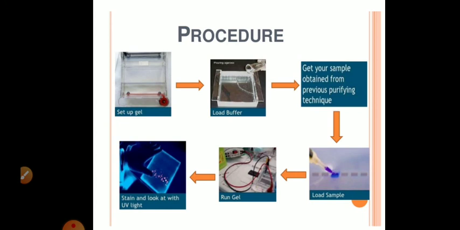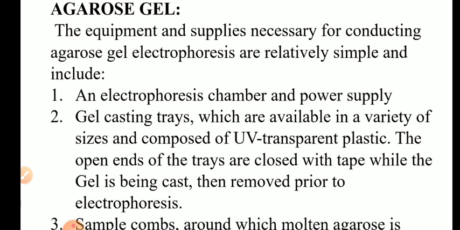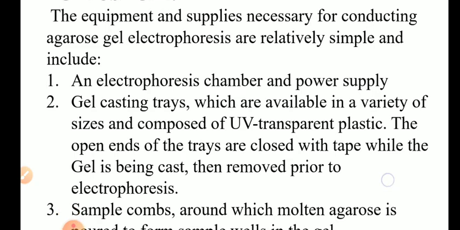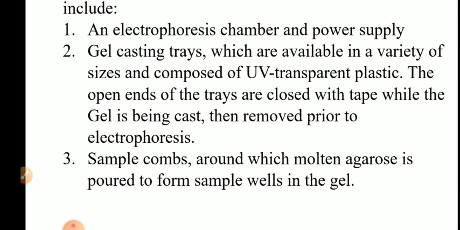Then you prepare your sample. So, preparing and running a standard agarose gel. The equipment and supplies necessary are an electrophoresis chamber, a power supply, and a gel casting tray, available in various sizes, composed of UV transparent plastic. The open ends of the tray are closed with tape while the gel is being cast and then removed prior to electrophoresis.